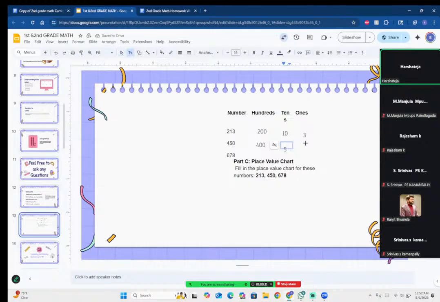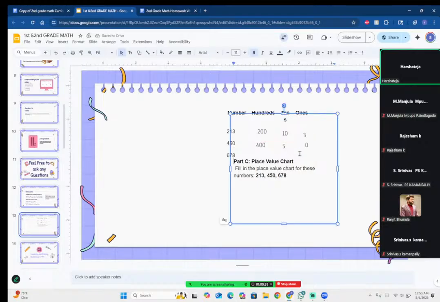And in the ones place, there's a 0. So we can see that if we add these numbers up, 450 is what you get as a result.